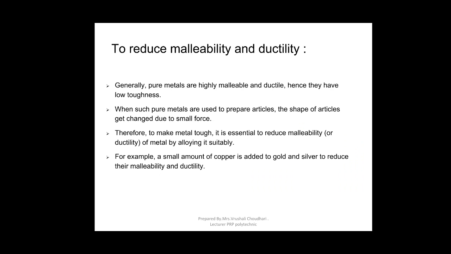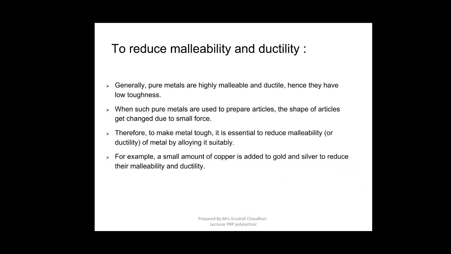These different types of color formation by alloying are used for making ornaments. To reduce malleability and ductility. Pure metals are highly malleable and ductile, hence they have low toughness. Therefore, pure metals are used for making articles whose shape can easily be changed by small forces.